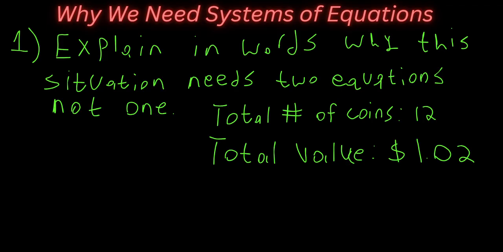Well, this is how I will explain why we need 2 equations here, not 1. We're given the total number of coins and we're given the total value of coins. The reason we have to use 2 equations is because there are a number of ways that coins could be combined to make different amounts.